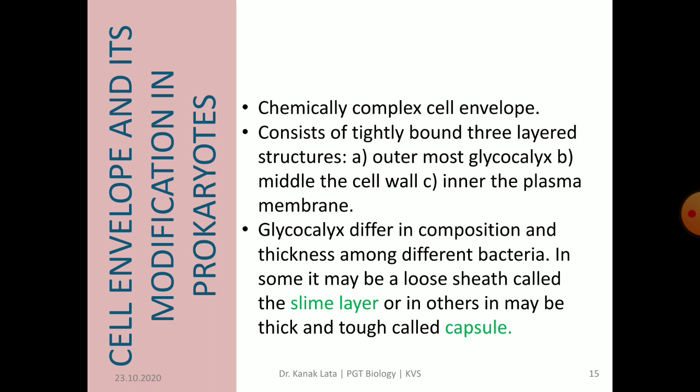Each layer performs distinct functions and they act together as a single protective unit. Glycocalyx differs in composition and thickness among different bacteria. In some cases, it may be a loose sheath called a slime layer, while in others it may be thick and tough, called a capsule.